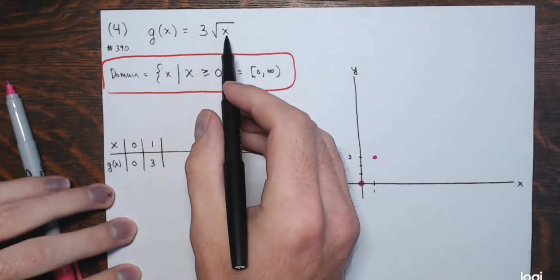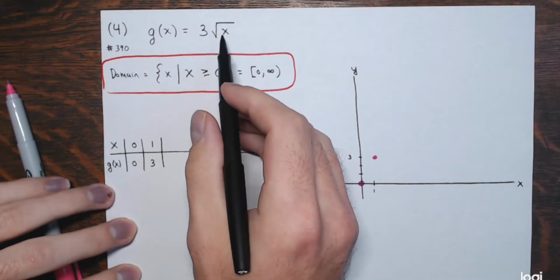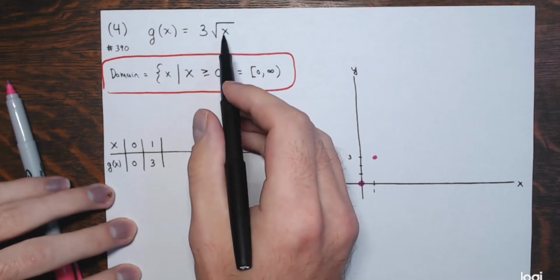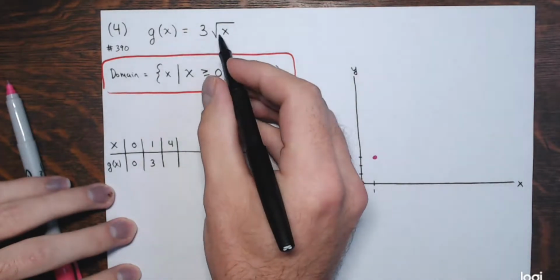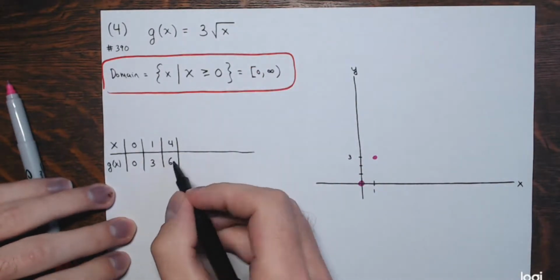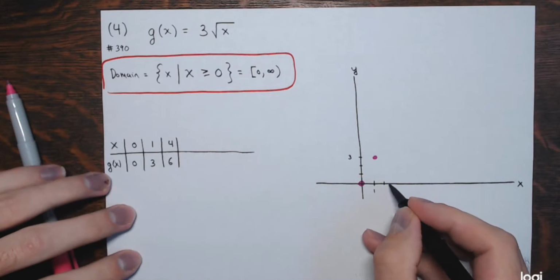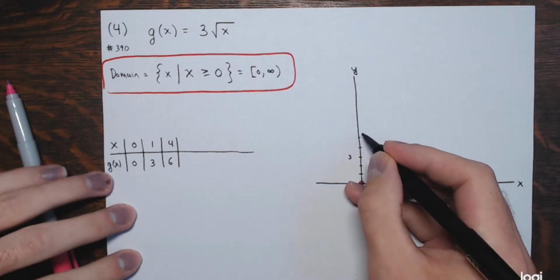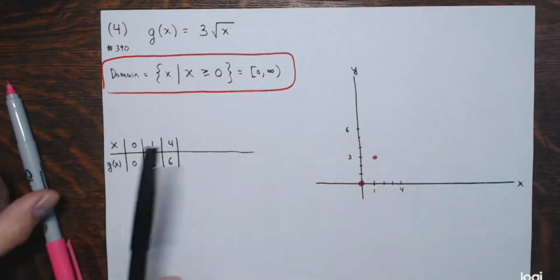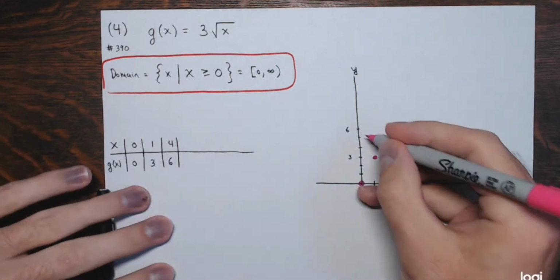When the input's 3, it would be 3 times the square root of 3, which again isn't nice. You could still do it, but it's not nice. And then put in 4. The square root of 4 is 2, but then times 3 is 6. So input 4, output 6. So (4, 6).